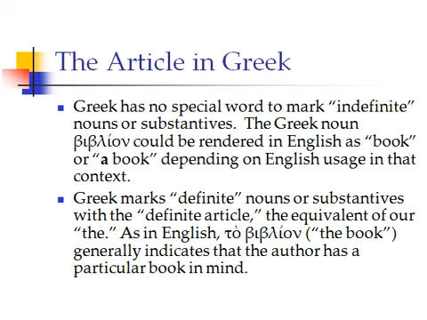Greek, however, does mark nouns as definite with a definite article, the equivalent of our word the. So to biblion becomes the book, and it indicates that whoever is speaking or writing these words has a particular book in mind by at least this point in the discourse.